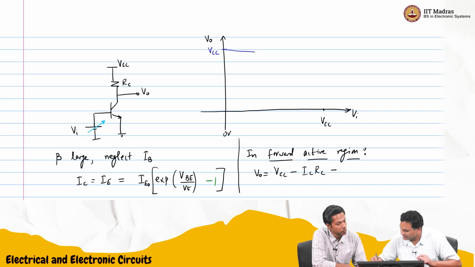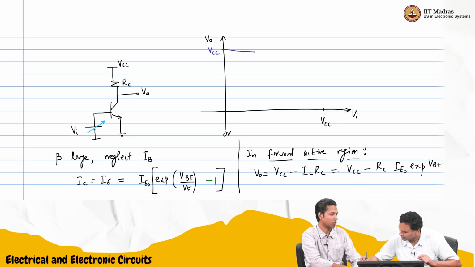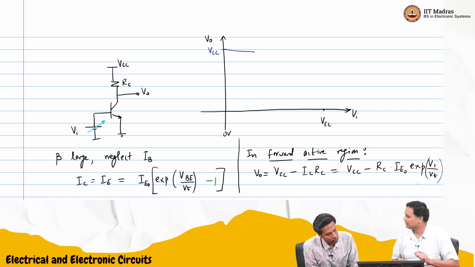And this also we know: VCC minus RC times IE naught, e power VB by VT. There we will neglect the 1. In fact, instead of VB, we can write VI.